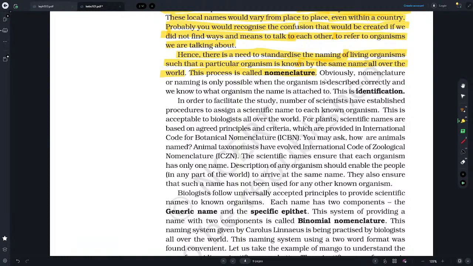Naming an organism is what we call nomenclature, and we should standardize this name all over the world so that there is no confusion.